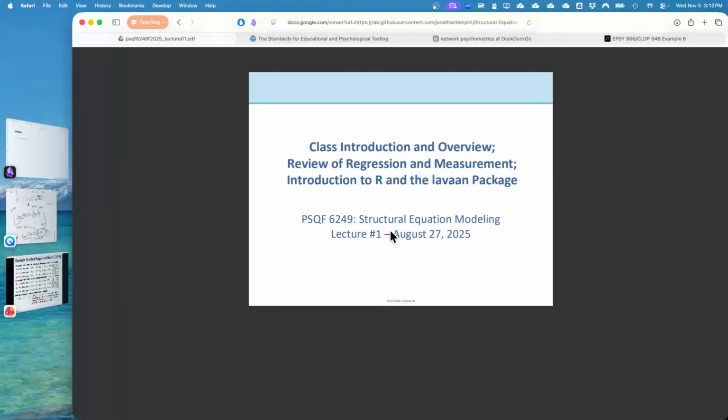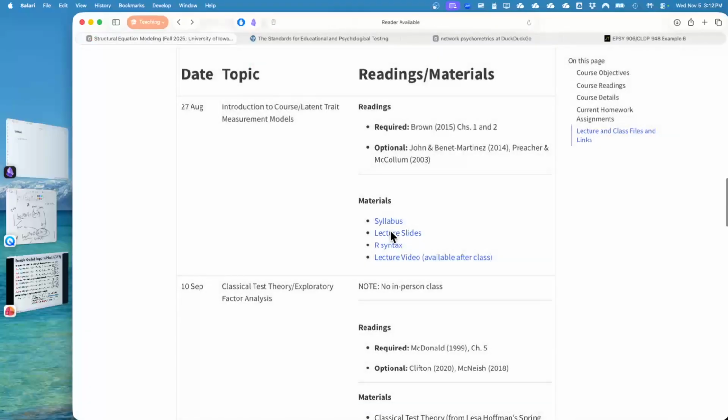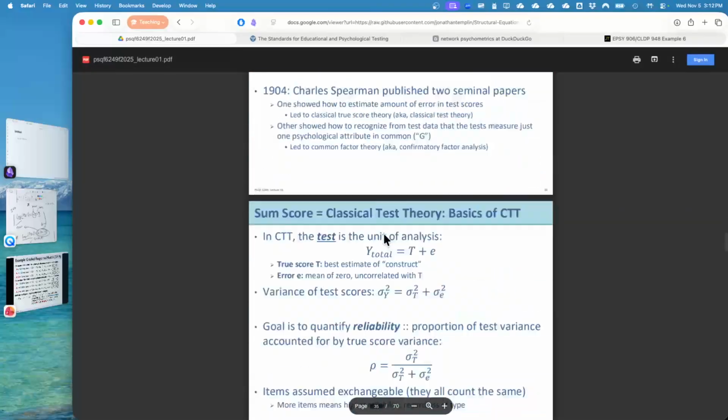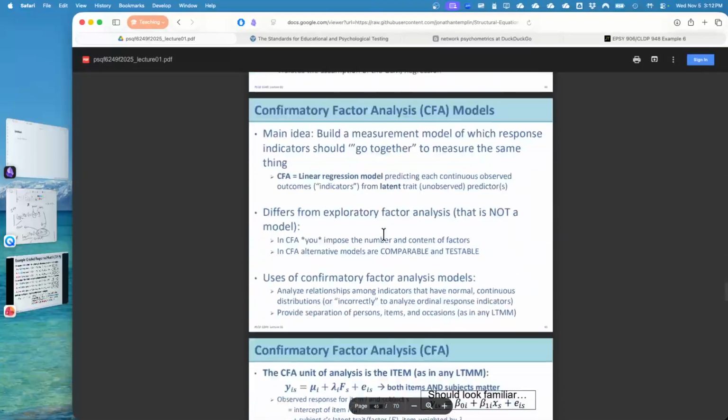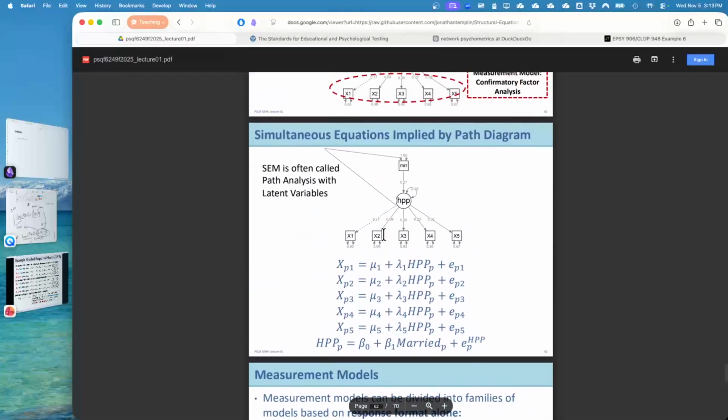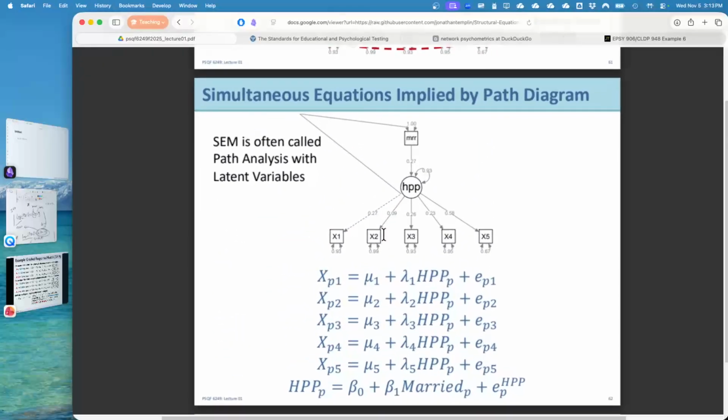If you remember our very first example, where we had marital happiness being predicted by marital status, when you didn't do the structural equation model, it looked like there was a significant effect of marital status on happiness.